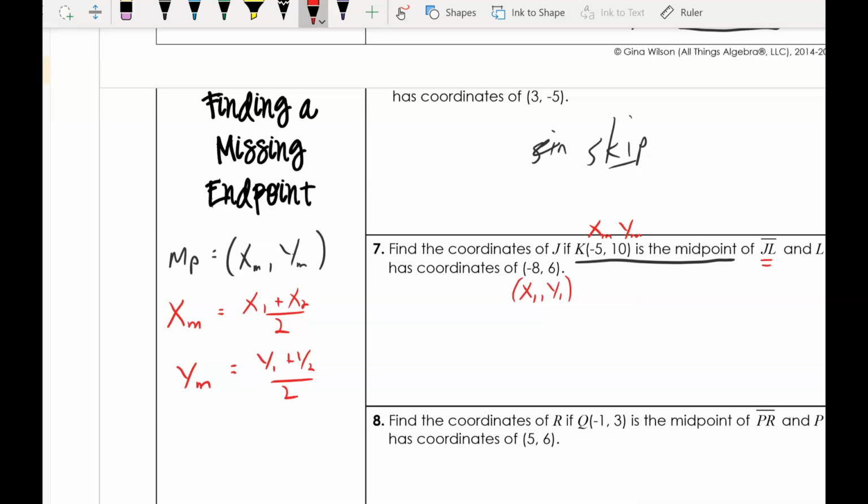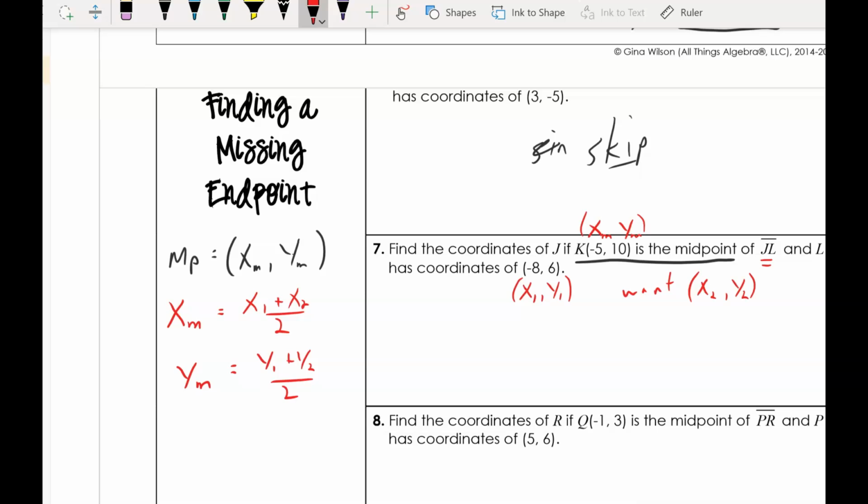All right, so we've got these two ordered pairs, and what we're looking for is x2, y2. That's kind of reversing the situation here, and the way we're going to set that up is we're going to just plug in the numbers.